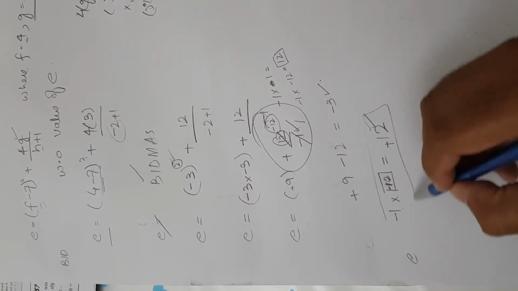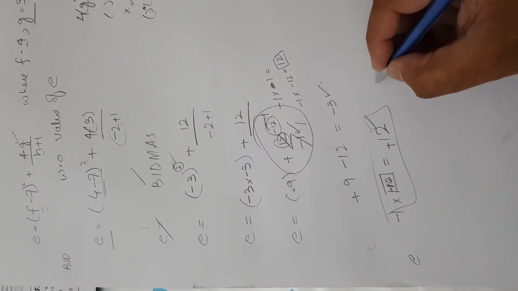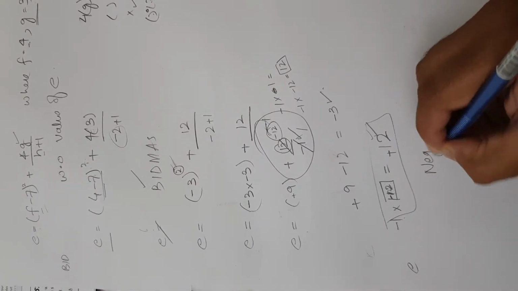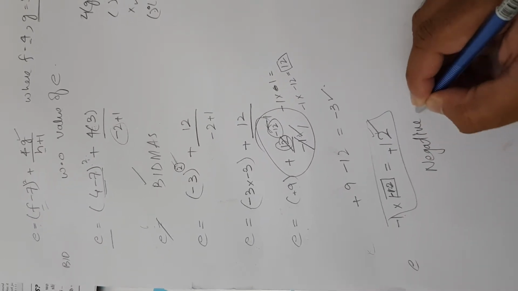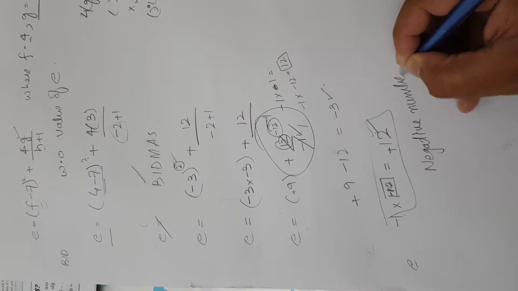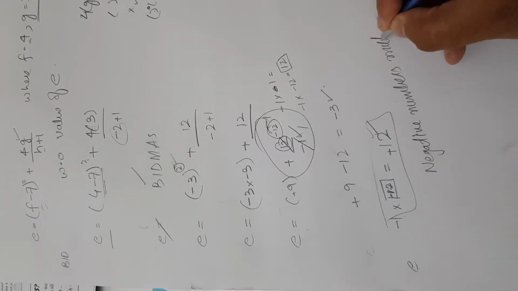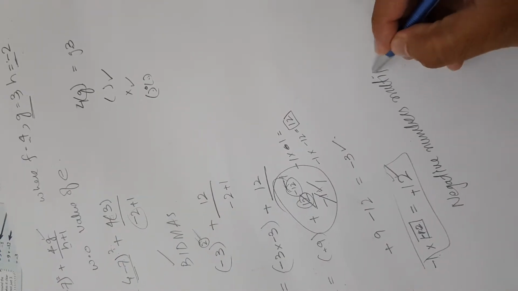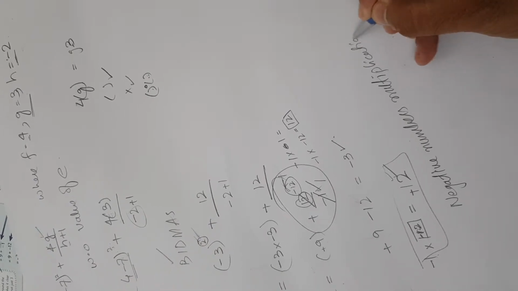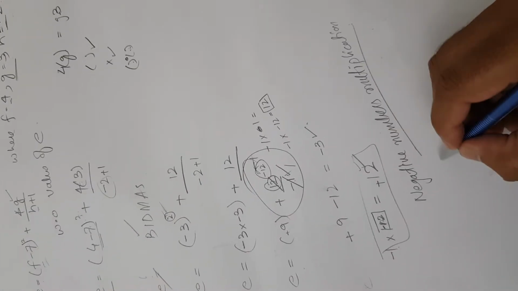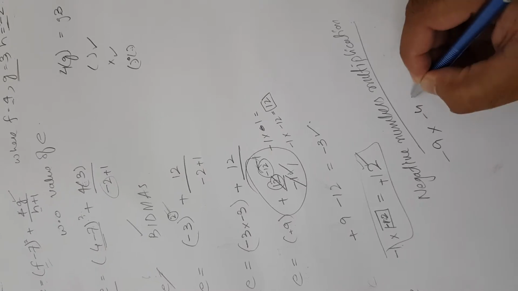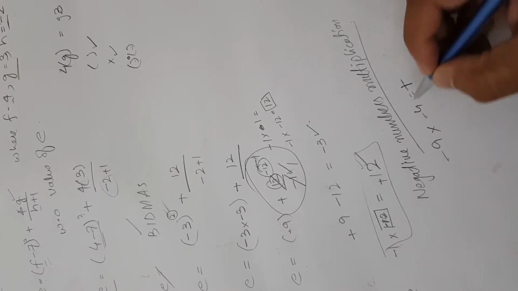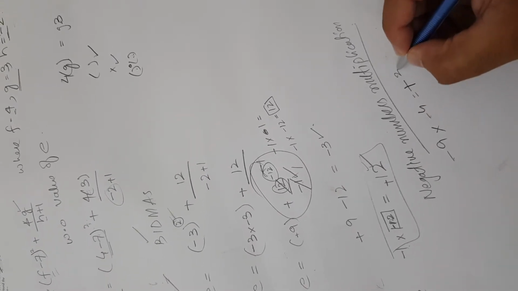If you have confusion about this part, you need to work on your negative numbers multiplication. This is like minus 9 into minus 4. So negative negative is positive. 9 times 4 makes what? 36.